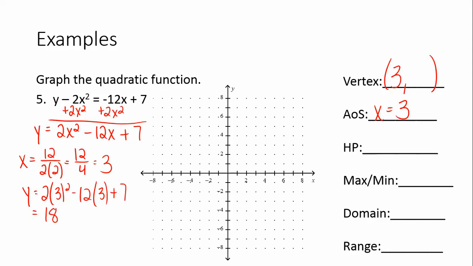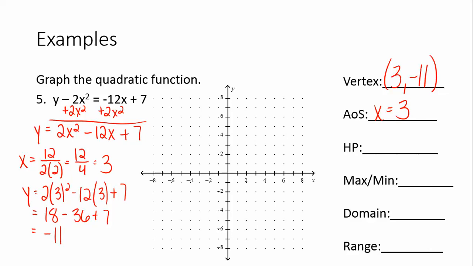It's going to give us 18 minus 36 plus 7. And that's negative 11.